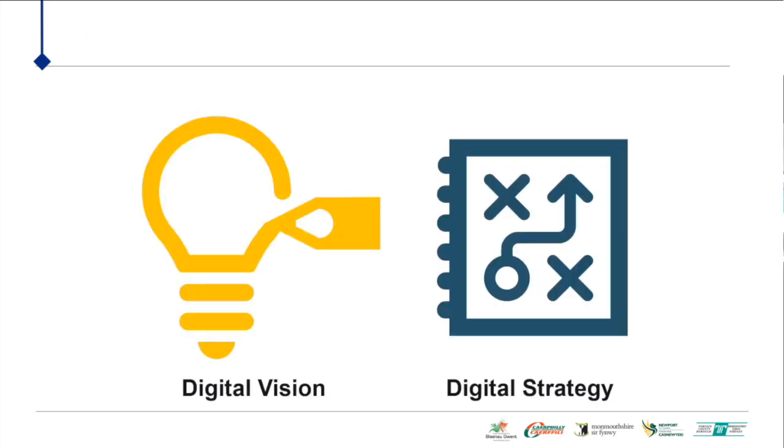But I guess what this one goes back to is, what does your current digital vision and strategy look like in your school? And how is that going to reflect the changes in technology with the emergence of AI within the curriculum? We might also want to consider, as part of that vision and strategy and our purpose, how are we addressing equity and ensuring that all learners have access to the tools?